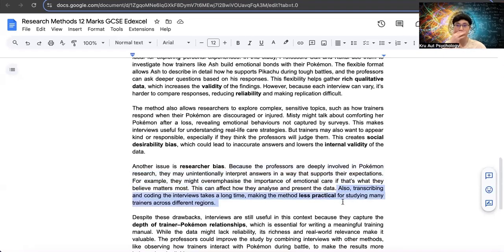This is the weakness in terms of, usually we stick with methodologies, right? But if we run out of methodologies, we say making the method less practical. So we talk about practical applications.